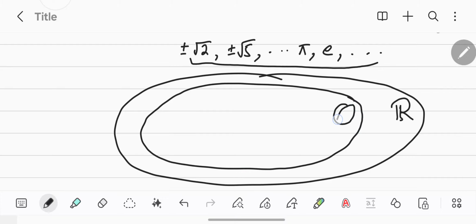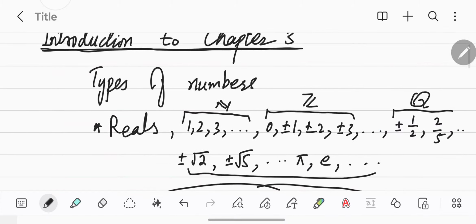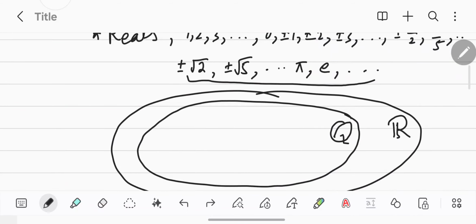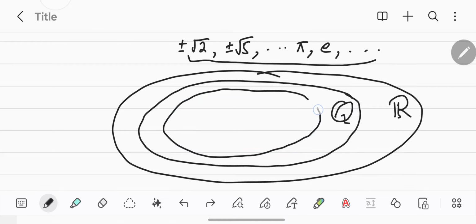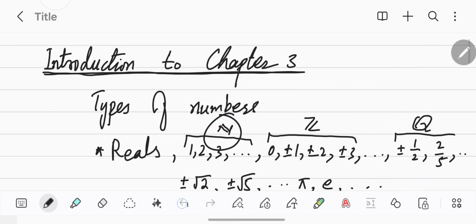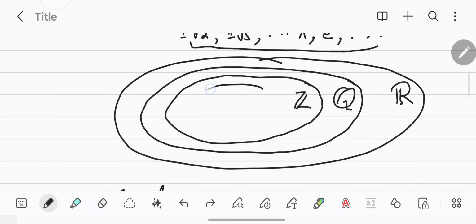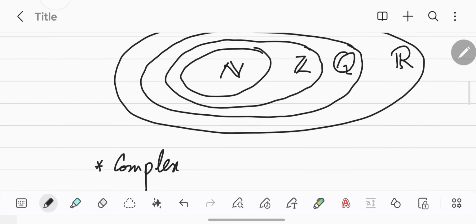And integers are also inside the reals, as well as inside the rationals. Actually, integers are inside the rationals, and the natural numbers are inside the integers, and the set of integers is inside the set of rational numbers, and they are inside the set of real numbers. So the set of real numbers contains all of these numbers.